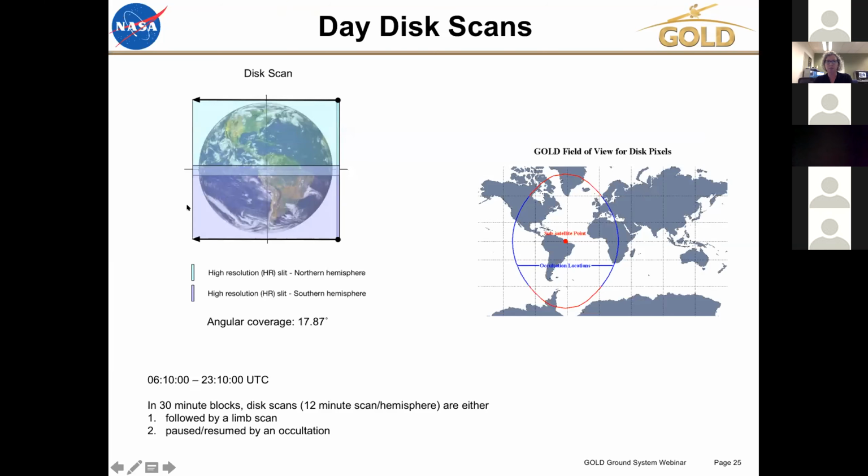So what you can see is that to perform a full disk scan per channel takes a total of 24 minutes. So out of that 30-minute block we had talked about in the planning slide, we've covered 24 of that 30-minute block.